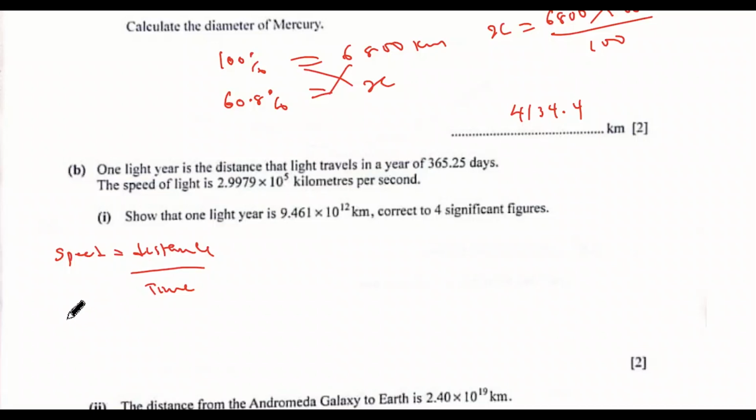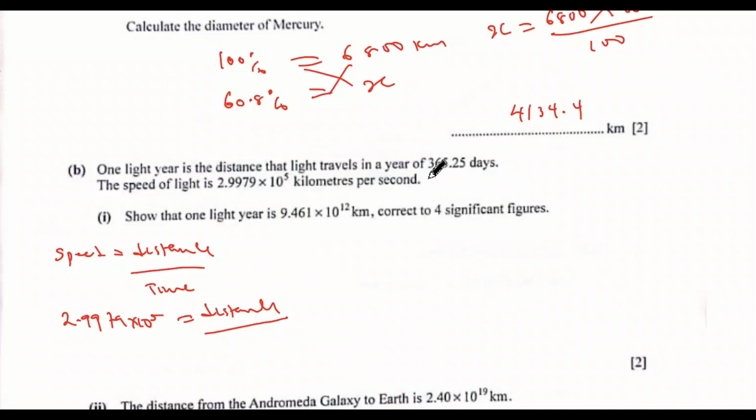So the speed is equal to 2.9979 times 10 to the power of 5. That's the speed, equal to distance, which we want to find, over the time. The speed is in kilometers per second, so the time should be in seconds as well.